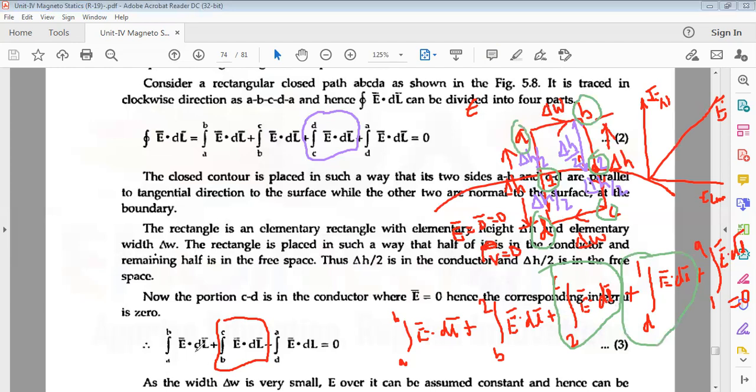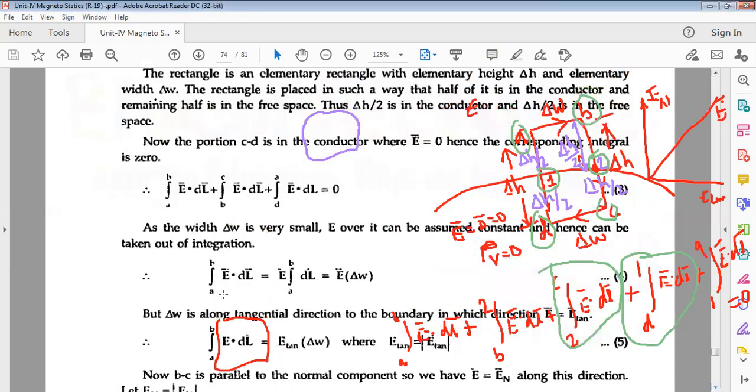So finally, this integral changes to integral A to B plus integral B to 2 and integral 1 to A. What is the integral A to B? The total width is delta omega.